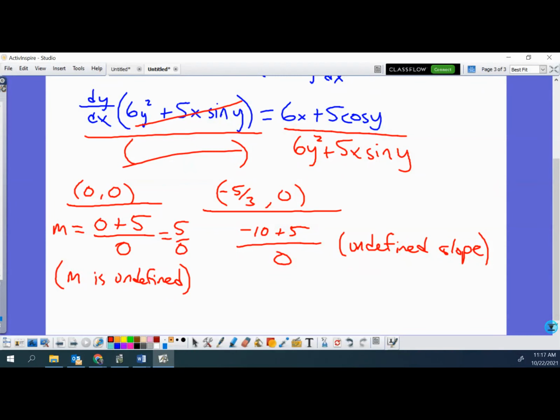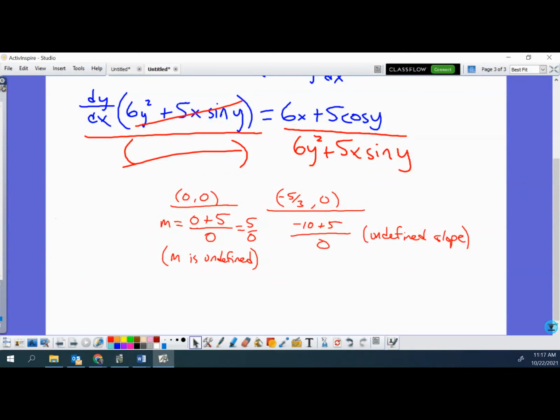By the way, this work that I'm doing, if I was trying to label it, which would be a good thing to do, I would write this Leibniz notation, dy dx, with this line here, and then say at 0, 0. That's how I would label this work. I'd say m equals this equals that.